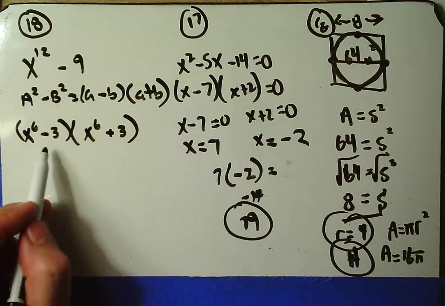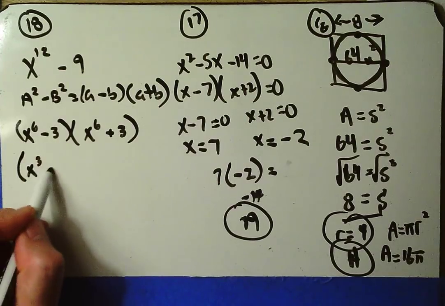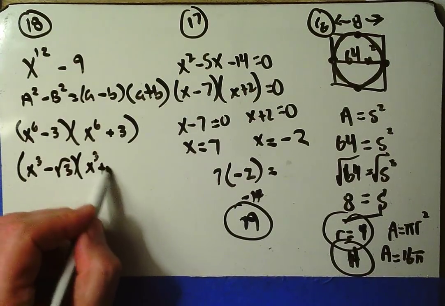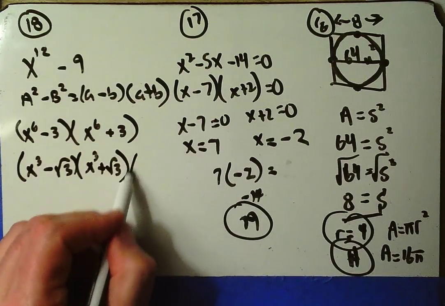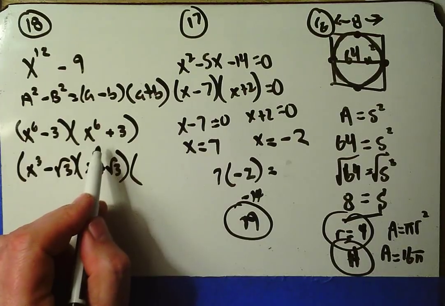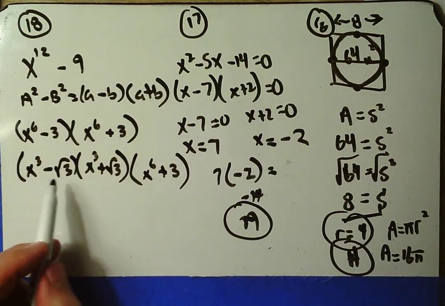Well, look here. Here's another difference of squares. This would be (x to the 3rd minus square root of 3)(x to the 3rd plus square root of 3). This can't factor as a difference of squares without using imaginary numbers, so I can't take that any further.